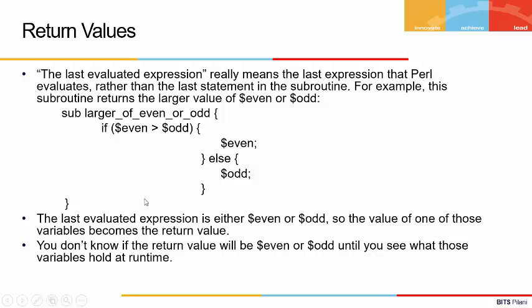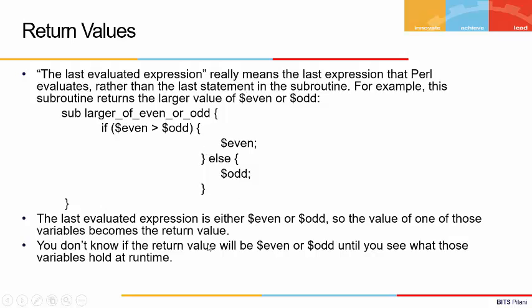So what will happen? The last evaluated expression is either the variable $even or the variable $odd, and the value of one of these variables will be returned. For example, if this condition is satisfied, the value of $even will be the return value, or else the return value will be $odd.